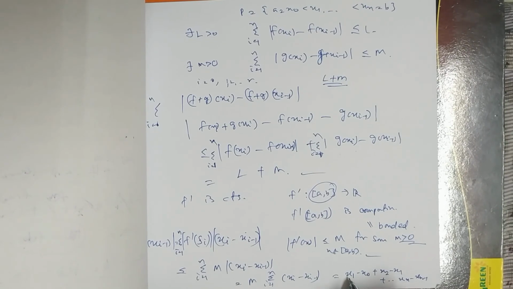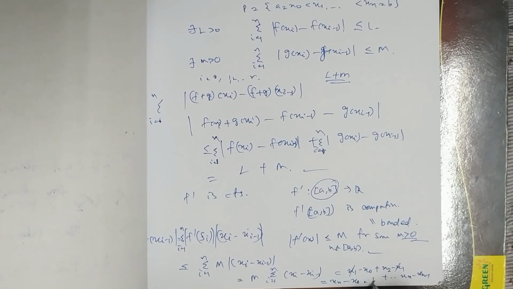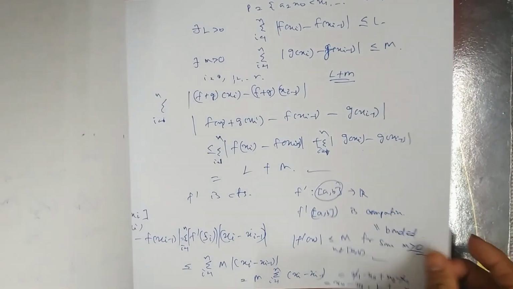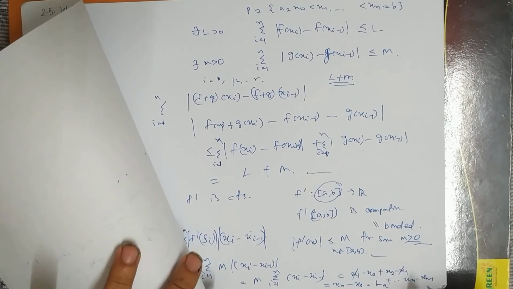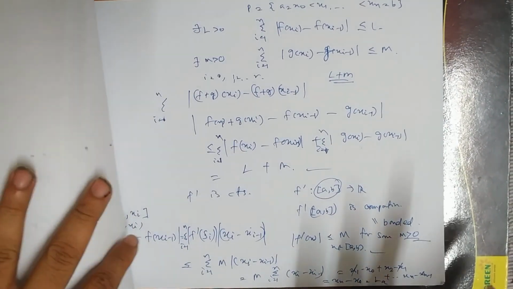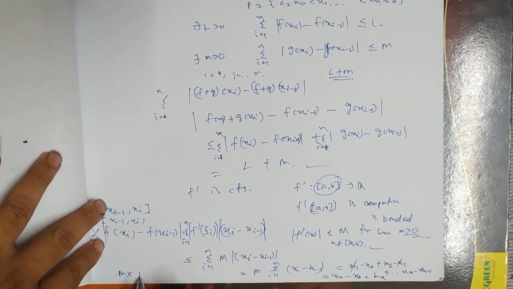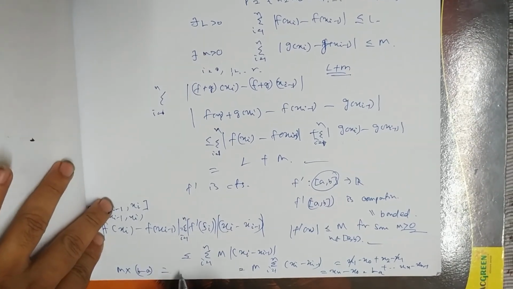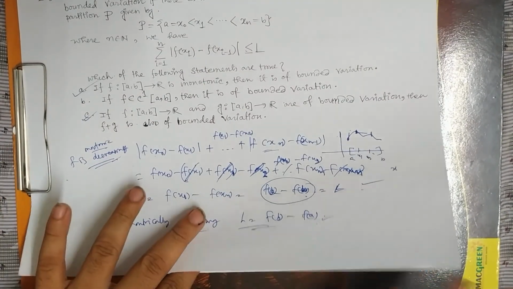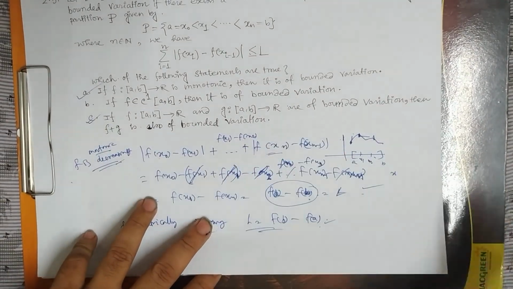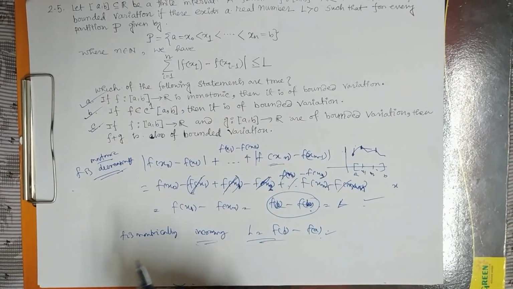This cancels out, so we get xn minus x0, that is b minus a. So the overall bound is M times (b minus a), which we can take as some L, which is positive, and then we get that f is of bounded variation. So option B is also true.